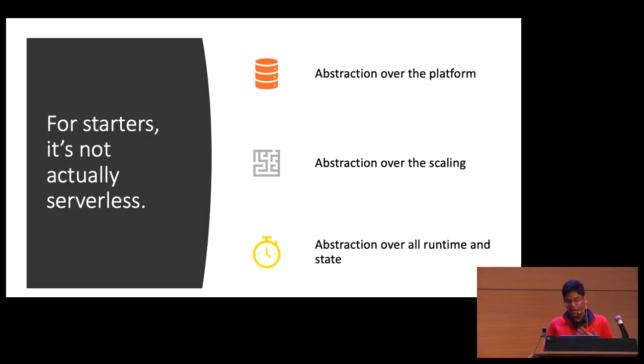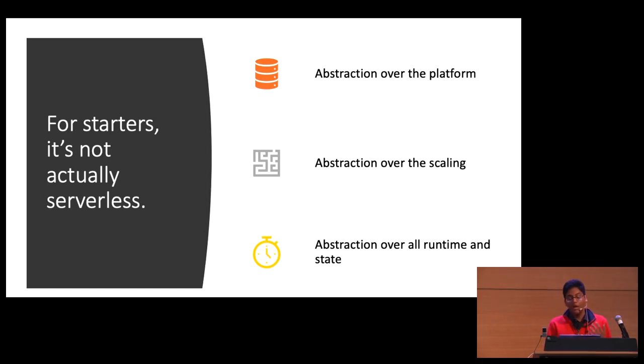So to start the abstraction process, we're getting an abstraction over the platform. You're not dealing with, oh, is this Python runtime secure? Is it completely patched? You're not dealing with the scaling of the abstraction either. Usually, when you provide code to the serverless platform, they are implicitly giving you a contract saying that they will increase the number of instances running your code at any time in order to ensure that everybody has a good user experience.